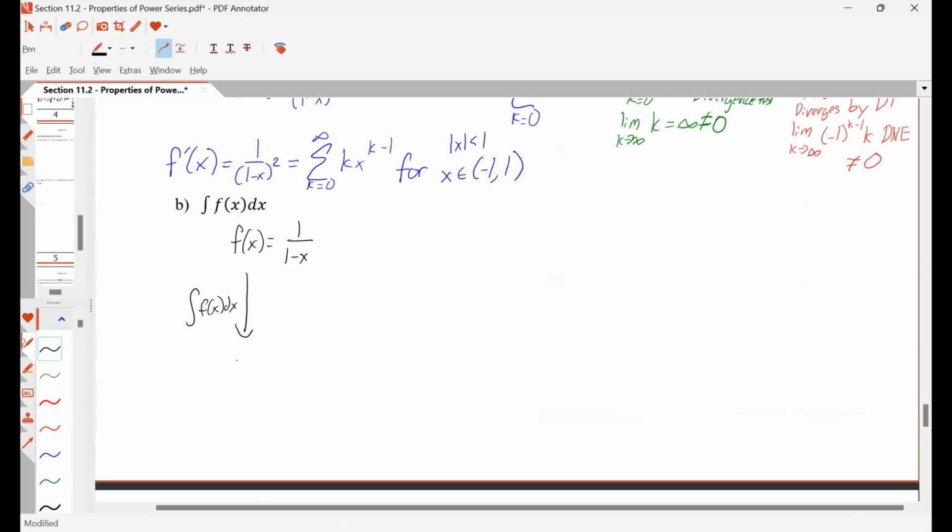And when I take the integral of this, I will get the negative natural log of the absolute value of 1 minus x for the integral of f of x dx plus c.